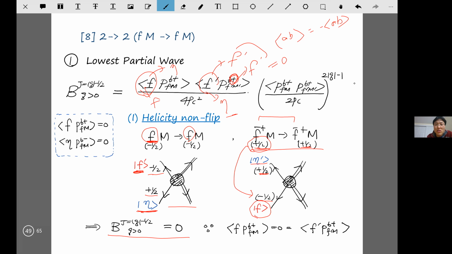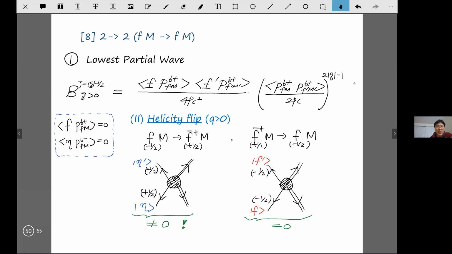Now, eta contracted with the positive variable is non-zero. But again, the positive variable becomes the same as a fermion variable in the massless limit. So I contract f with f. That becomes 0. So once again, this is 0. So I'm just showing that by the generalized spinor helicity selection rules, in this case, in the lowest partial wave, there is no helicity non-flip process going on.